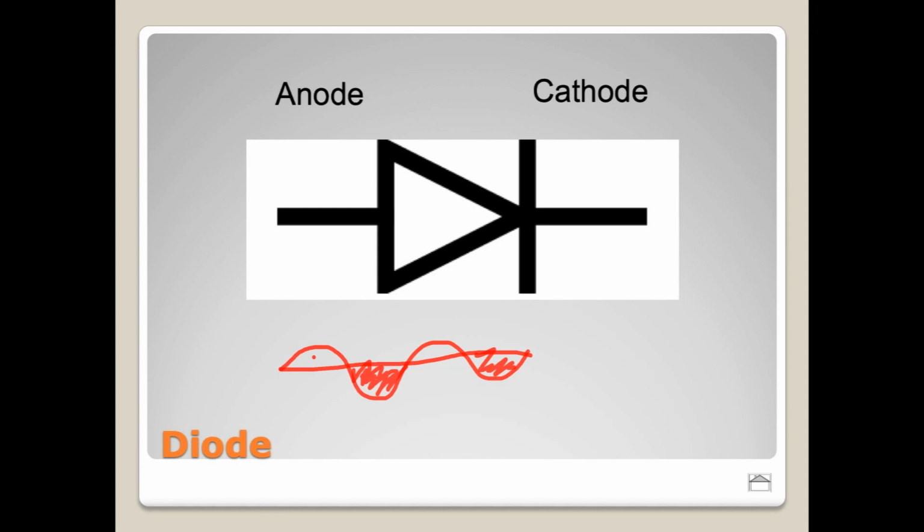Now, this is rectifying. That word rectifying means that we are putting it in a single direction, combining it in one direction only. So this is what's known as half wave rectification, because we're only rectifying half the wave. The other half just gets discarded. There might be uses for that.